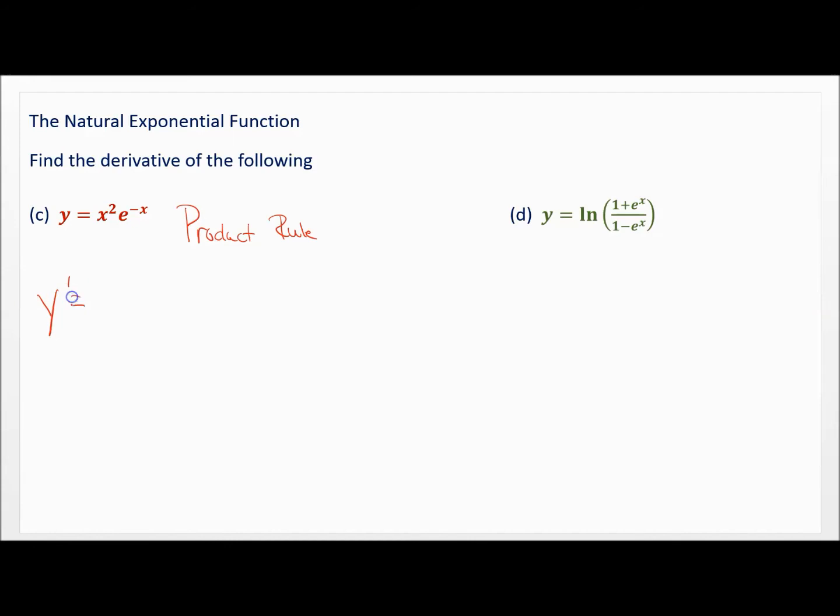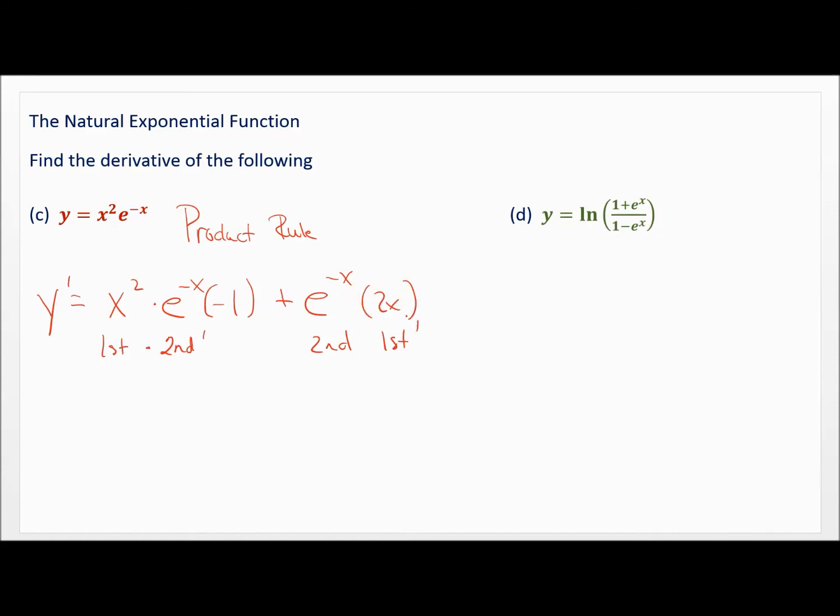So y primed equals the first, which is x squared, times the derivative of the second. So the derivative of e to the negative x is e to the negative x times the derivative of the exponent, which is negative 1. Plus, now we write the second, which is e to the negative x, times the derivative of the first, which is 2x.